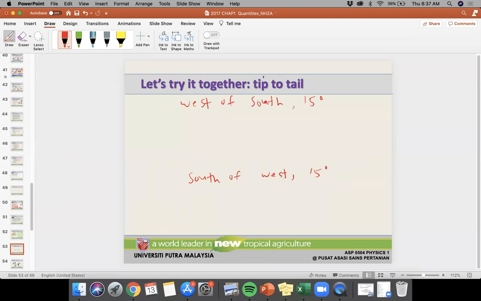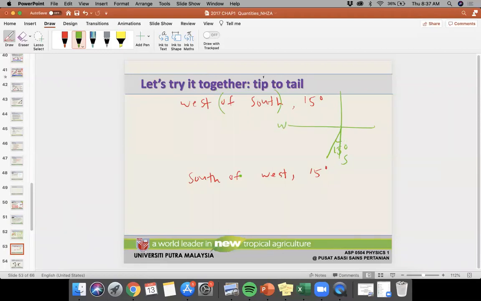When I say west of south, your reference is south. So it's going in the south direction, but also going west by 15 degrees.